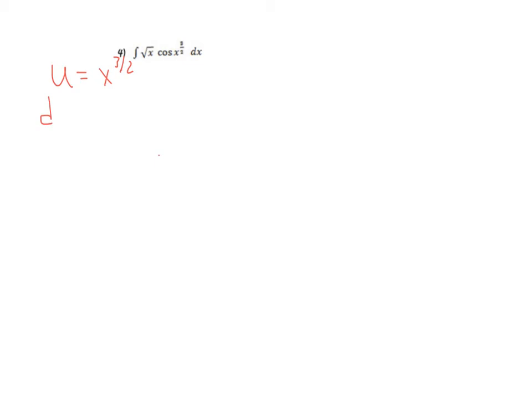So its differential would be 3/2 times x to the 1/2 times dx. But as you can see here, we have differential of x and square root of x. And that's what we need and what we have here to do the substitution.